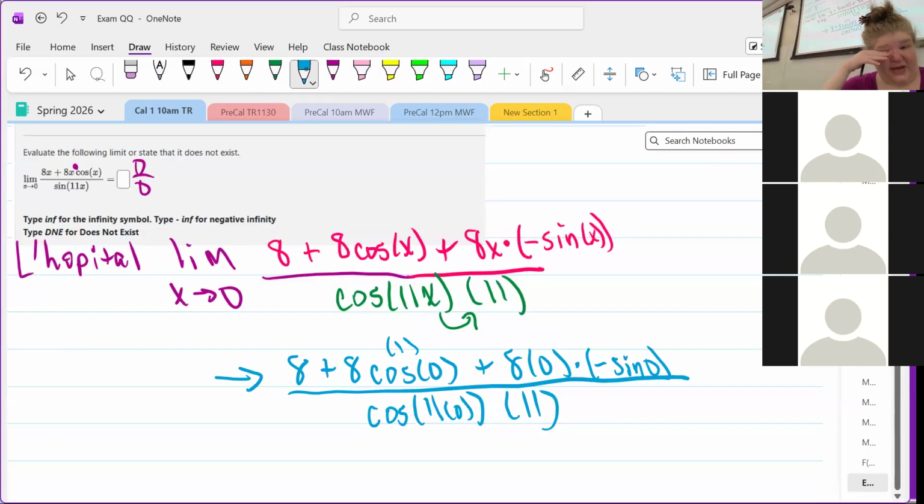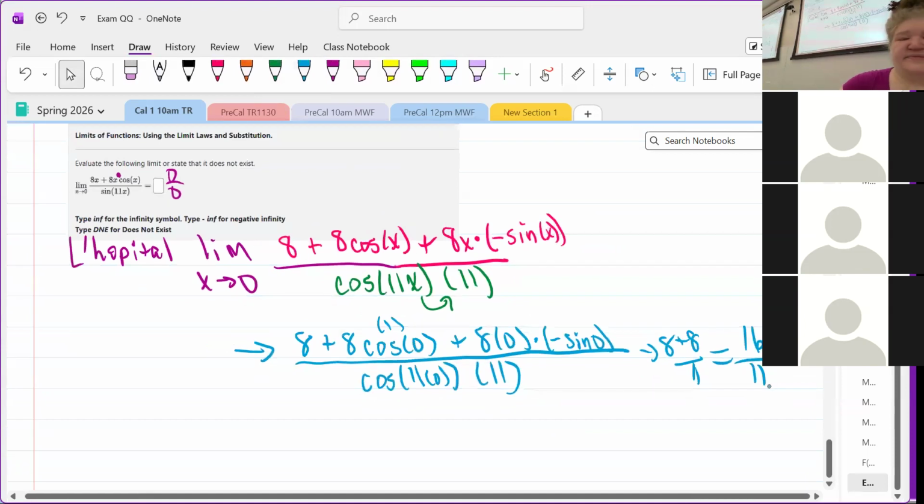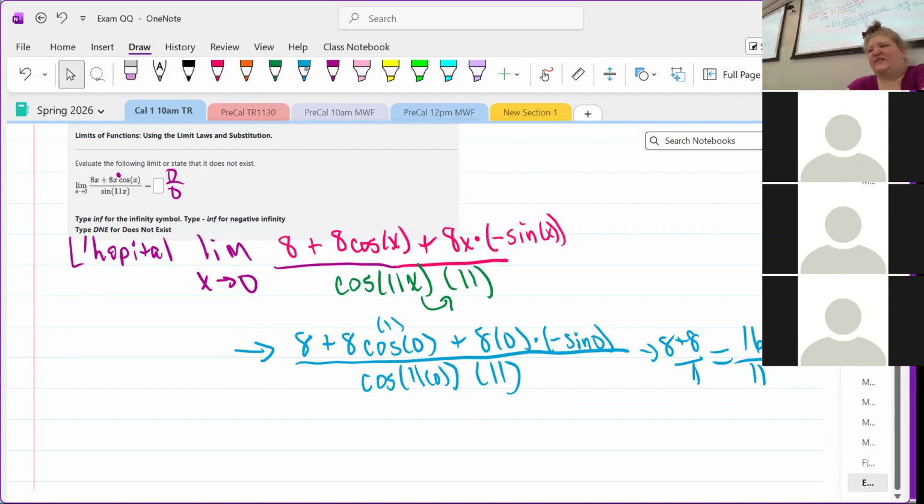All right, the cosine of 11 times 0 is still the cosine of 0. That is 1. So I actually end up with 8 plus 8 over 11, so I get 16 elevenths. In the past, we actually had to solve this with special trig limits. It was kind of a pain in the butt.